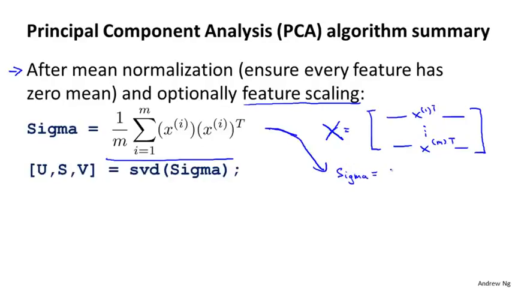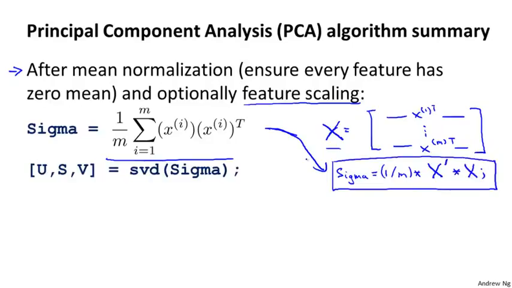You can implement sigma equals 1 over m times X, which is this matrix up here, transpose times X, and this simple expression, that's a vectorized implementation for how to compute the matrix sigma.